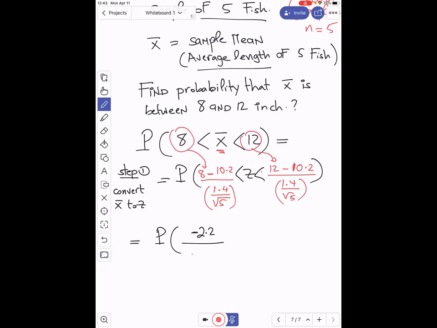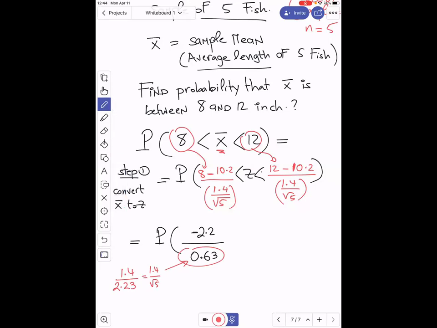Again, guys, this is 0.63. That's 1.4 divided by the square root of 5. The square root of 5 is 2.23, I think. So this is 1.4 over the square root of 5. That's how I got this 0.63.